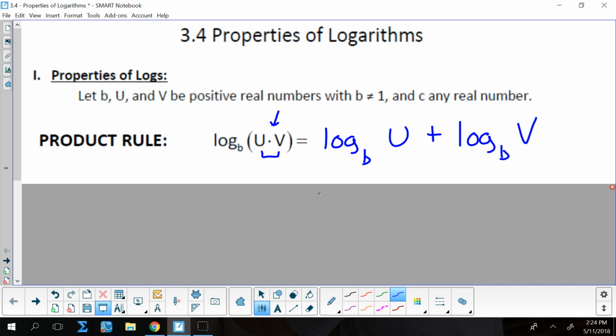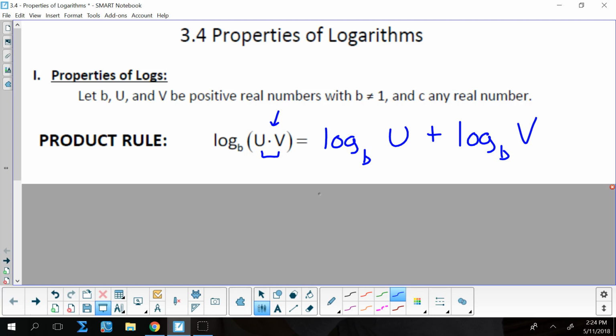Okay? And that might help me because one of those might be simplifiable and it might just become a real number and then I get an exact value of it. So that's the product rule.